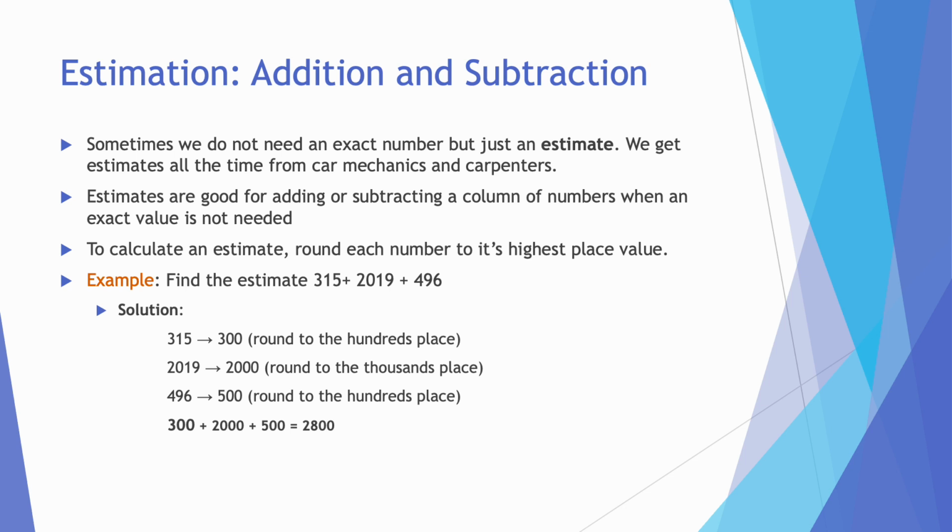And 496 would round to the hundreds place, which would be 500. So I would add 300 plus 200 plus 500 and get 1000. So the estimate of 315 plus 219 plus 496 is 1000.